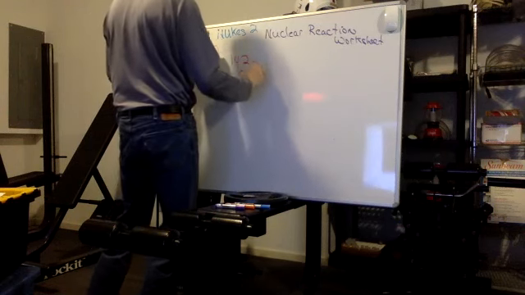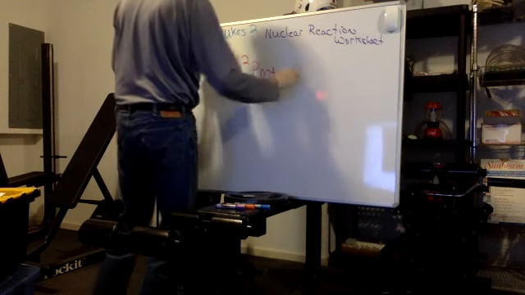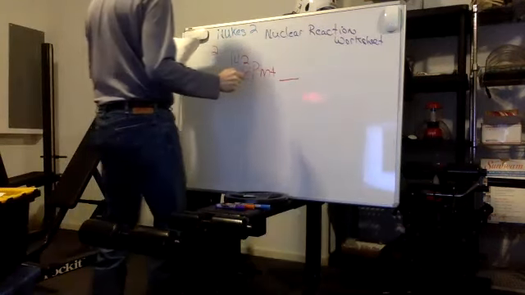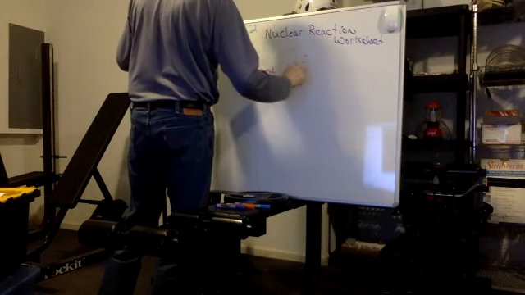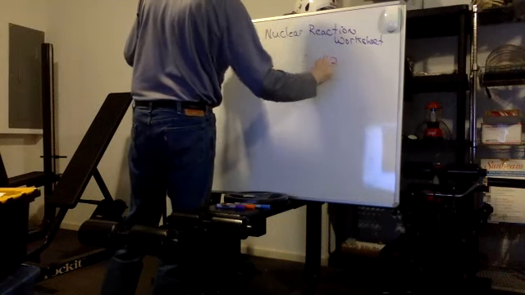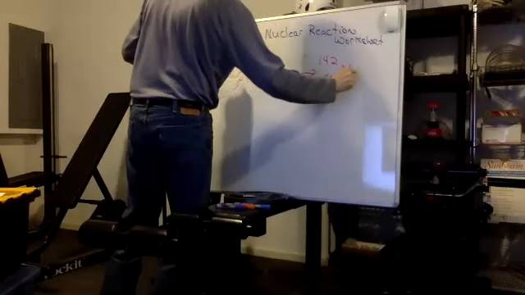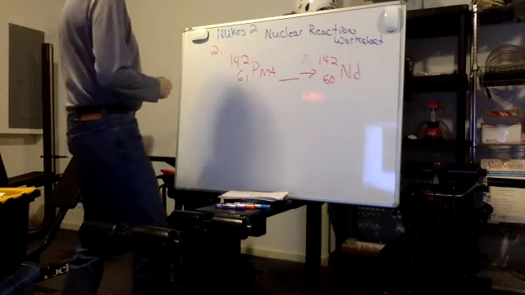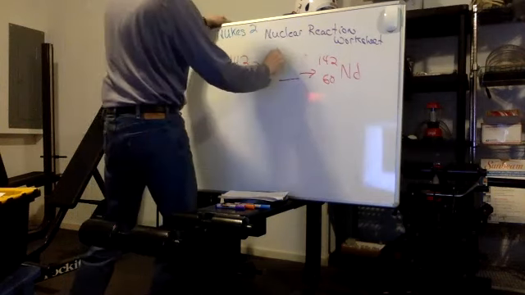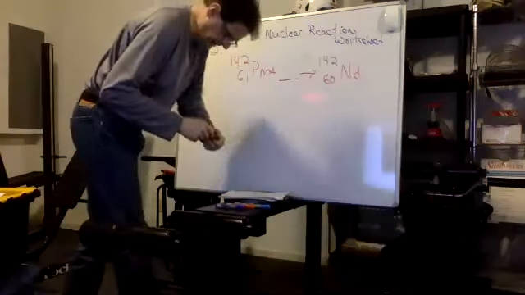Promethium plus blank goes to neodymium. So let's see, we got a 142, so we need 0 on top.